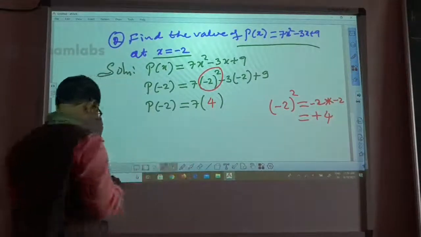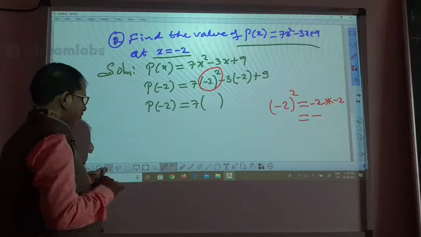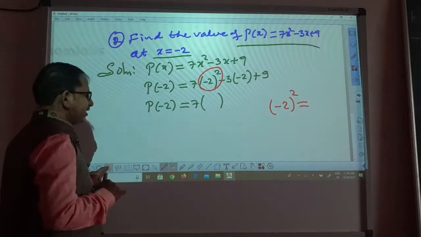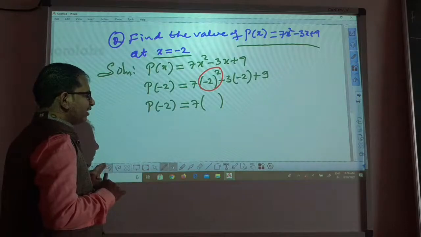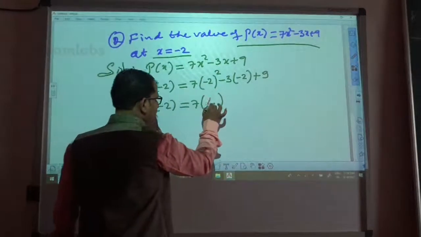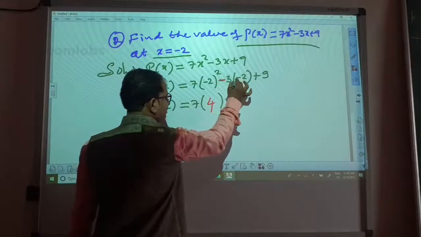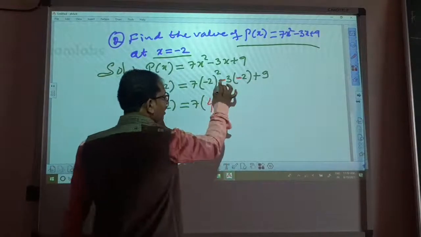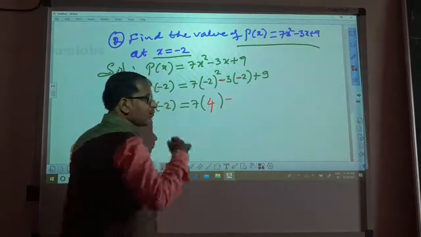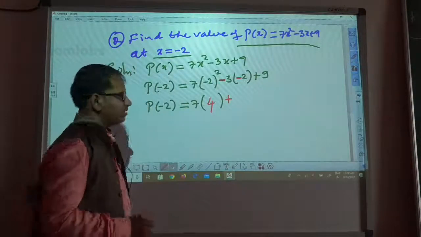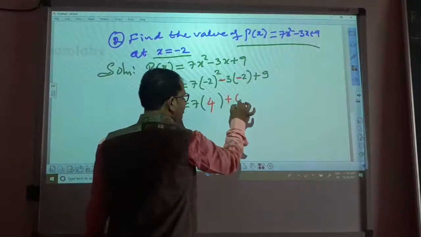Then next point, we are going to write that. Observe now. We know that here minus 2 whole square is equal to what? Plus 4. Then here is minus and here is also minus. What is minus into minus? Minus into minus is plus. So write this plus. 3 twos are 6.